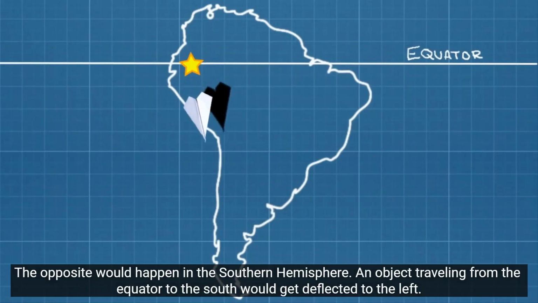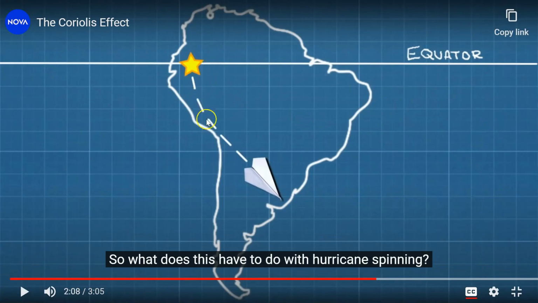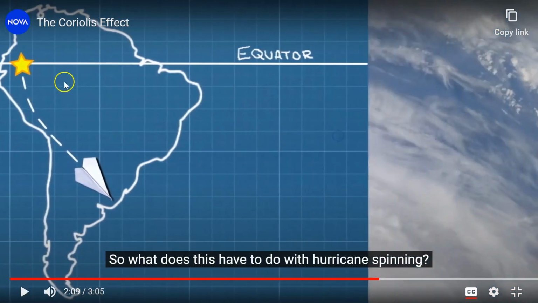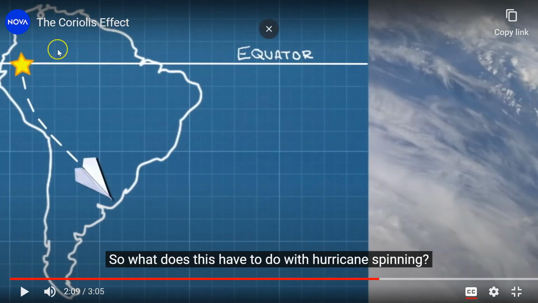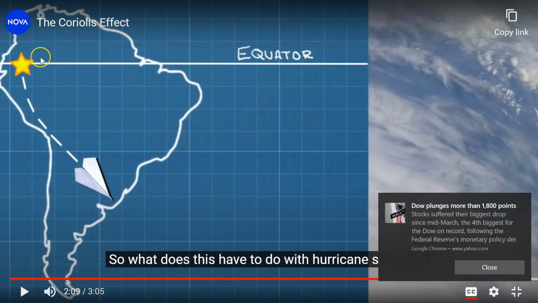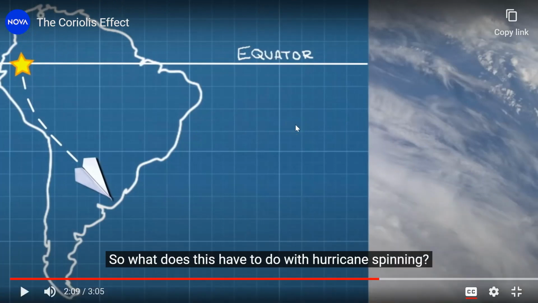An object traveling from the equator to the south would get deflected to the left. So now it looks like this airplane is deflected downward and to the right instead of upward to the right. And so you see, if you look at the direction of rotation that these two will cause in the northern and southern hemisphere, they are actually opposites.